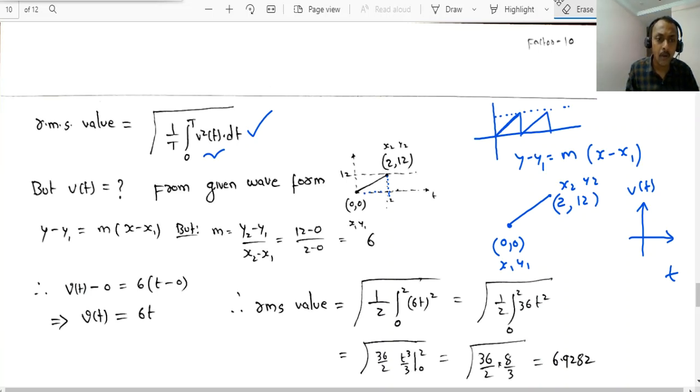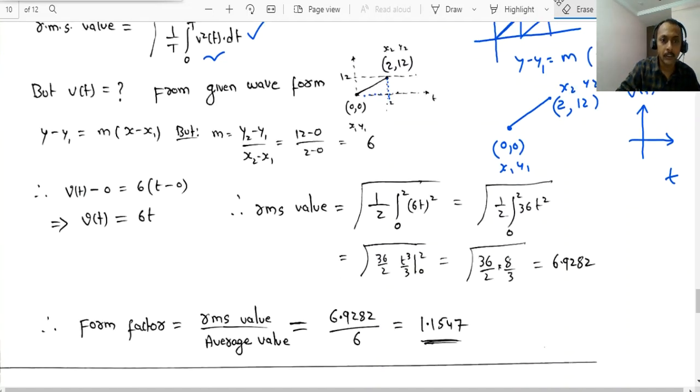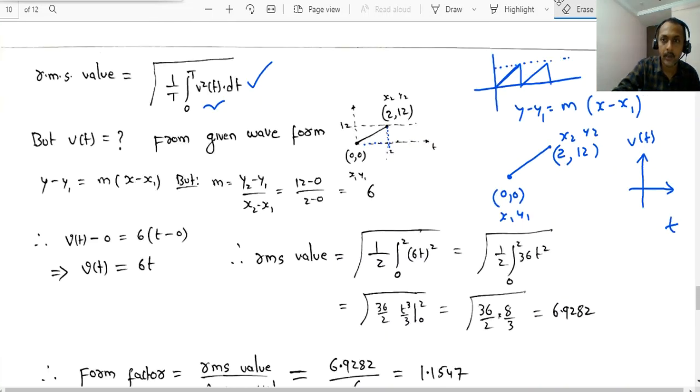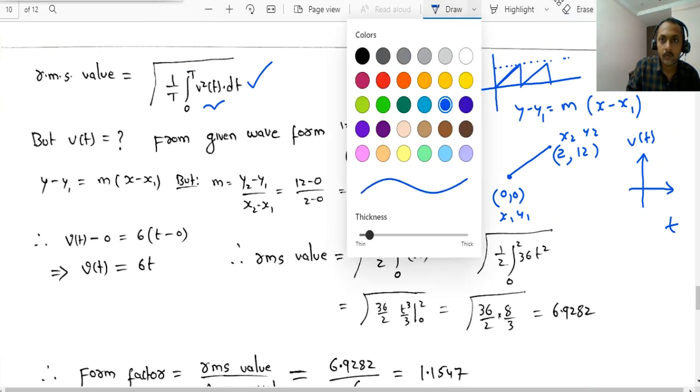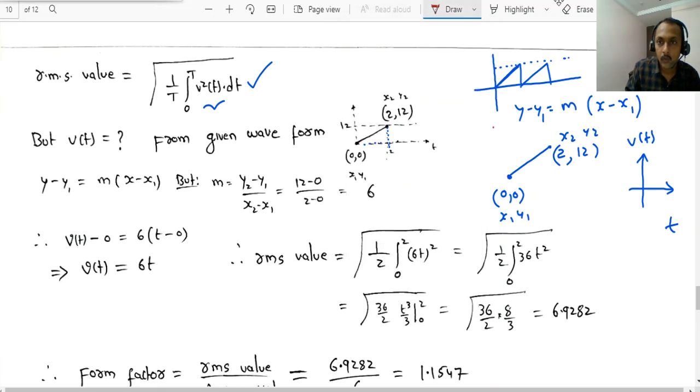Now, if you express it in the form of an equation, you will get v of t equals 6t. This is the mathematical form for the given graphical form. This is given as 12 and this value is given as 2, and this is our voltage waveform v of t, and this is our x-axis, time.